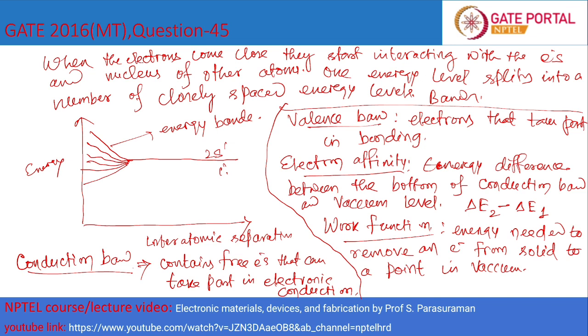Simply, this is the difference between the vacuum level energy minus the Fermi level energy.